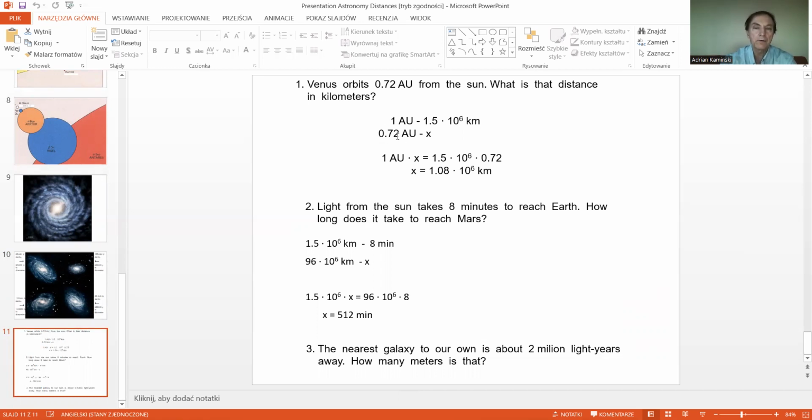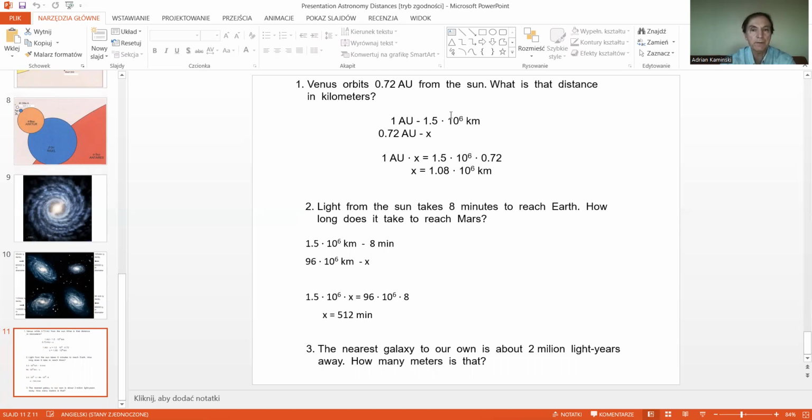Below, we write what we know from the text. We have 0.72 astronomical unit. We place it right under 1 astronomical unit over here. This corresponds with our unknown x. We are looking for x.